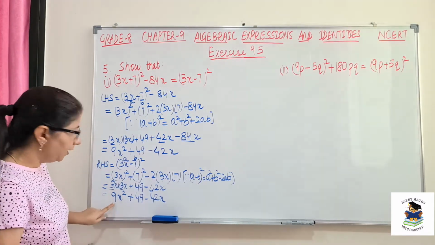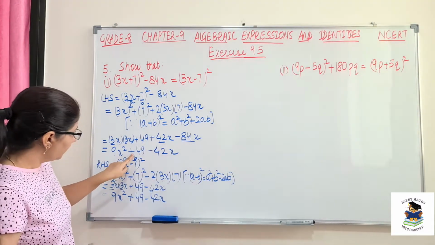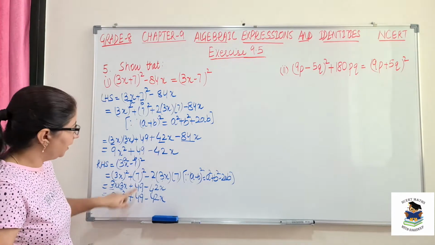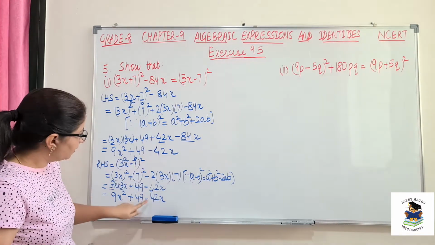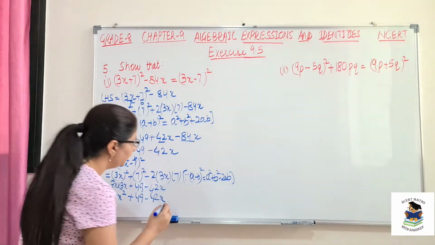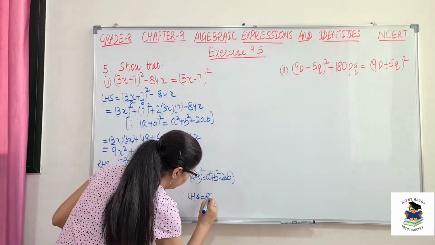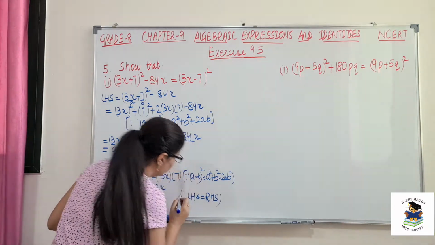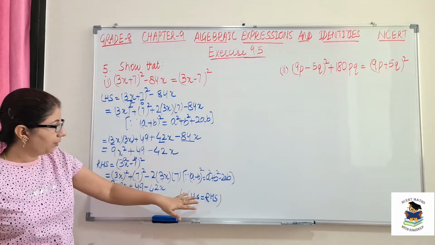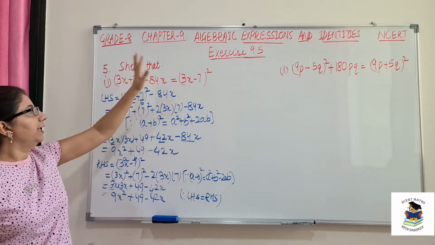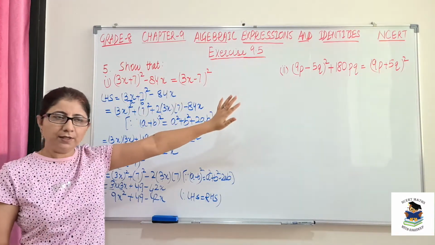Here see 9x square, 9x square, plus 49, plus 49, minus 42x, minus 42x. So we can say that therefore the left hand side is equal to the right hand side. Okay, this is how we will show that the left hand side is equal to the right hand side.